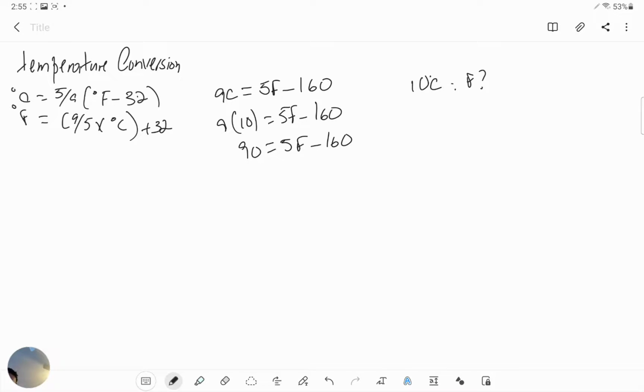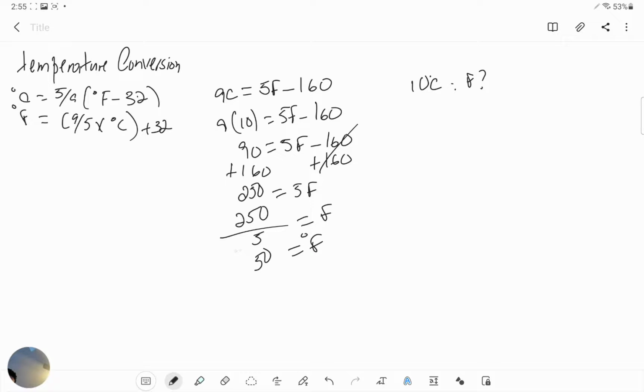The next thing you do, your goal is to get the F by itself. Add 160 to both sides, so this will be 250 equals 5F. Every time you move a term, you have to change the sign. This is just basic algebra. And 250 over 5 gives you F; 250 divided by 5 is 50. So the answer is 50.